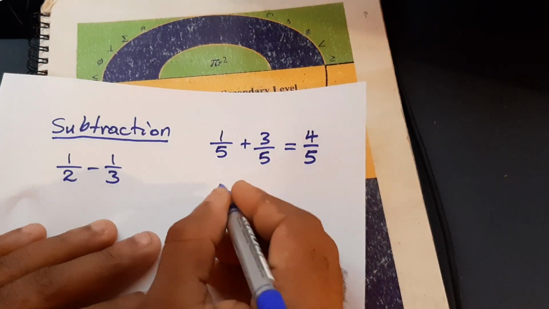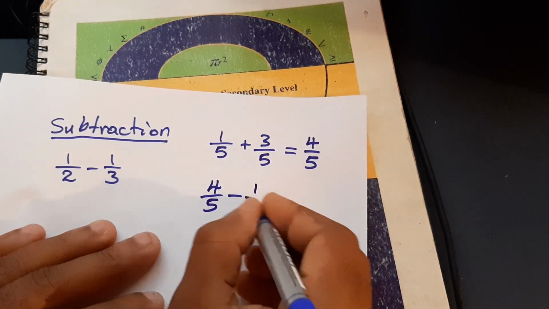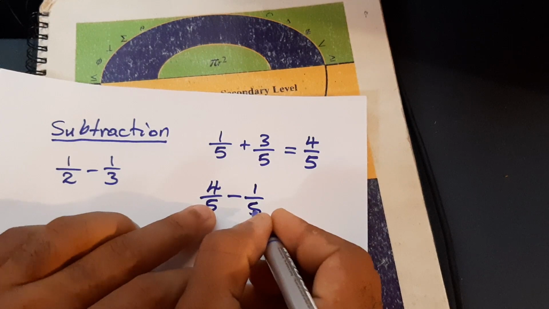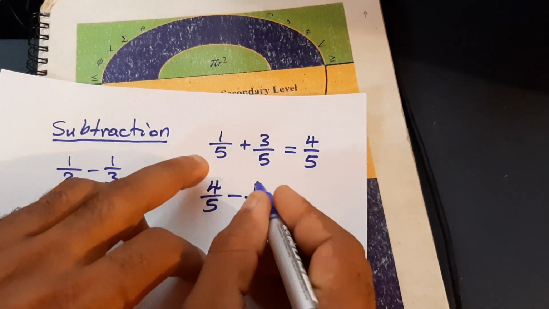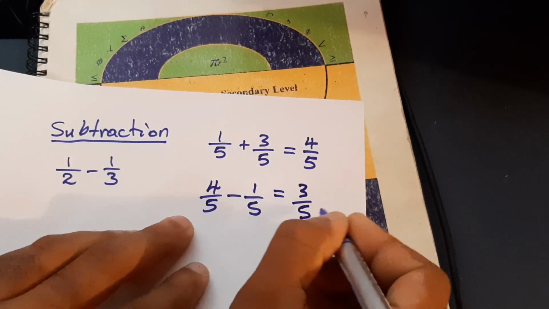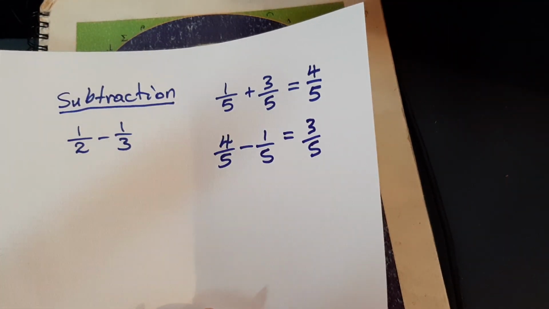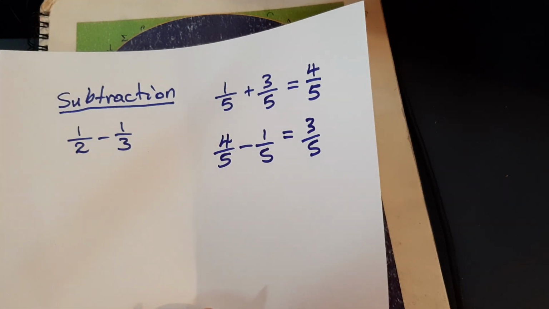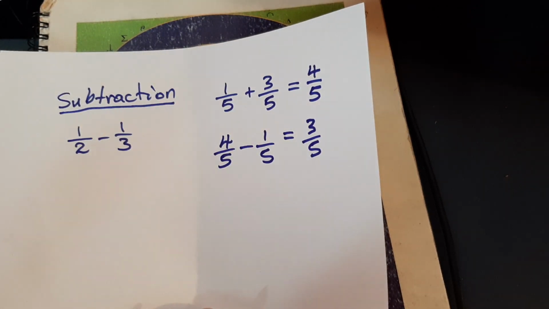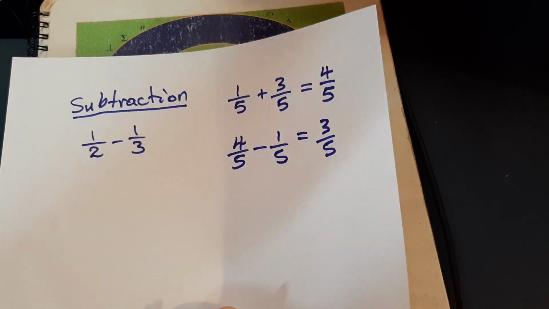If we're subtracting, let's say we had 4 over 5 minus 1 over 5. The denominators are the same, so we just subtract the numerators, which would give me 3 over 5. So remember, students tend to slip up on this because I see it a lot. Sometimes when students are multiplying or dividing, they find the LCM. No, you only find the LCM when you're adding or subtracting fractions.